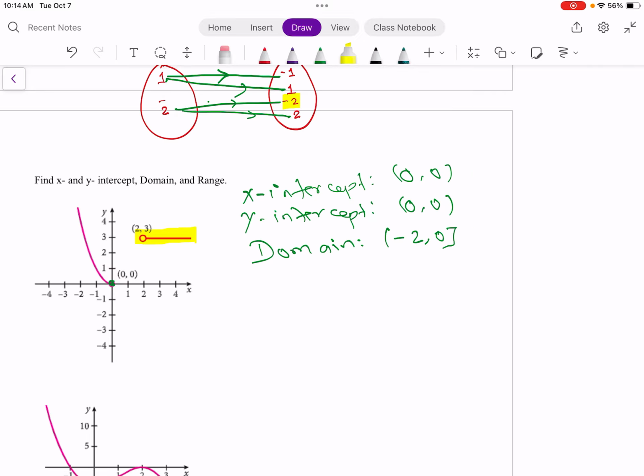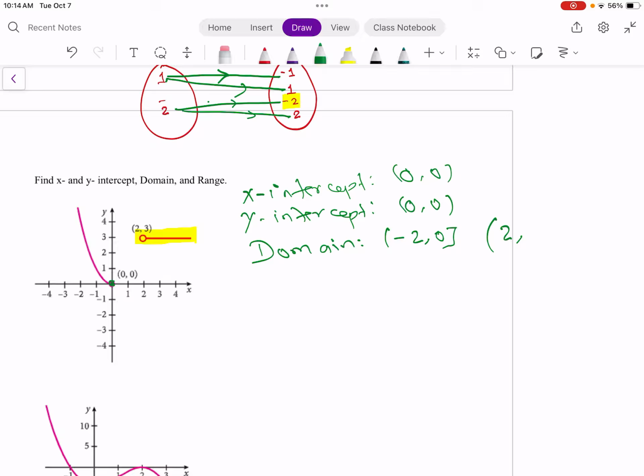Now, what is the starting point for that graph? It's 2, right? Now is this 2 included in this graph? And how do we know that? From this open circle. Open circle means 2 is not included. So we have a parenthesis at 2.